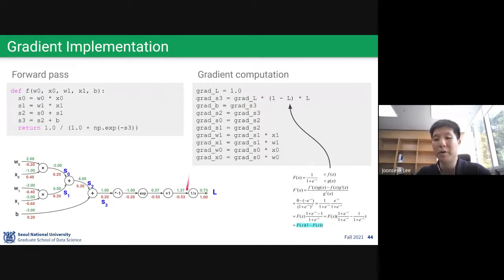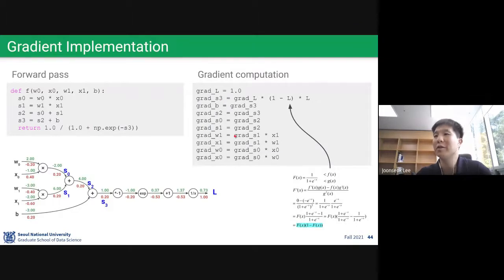And gradient B is here, which is the same as S3 because the local gradient is 1. This code is straightforward if you have already followed how we computed the local and upstream gradients. So please review this by yourself and understand how this gradient computation is done here.